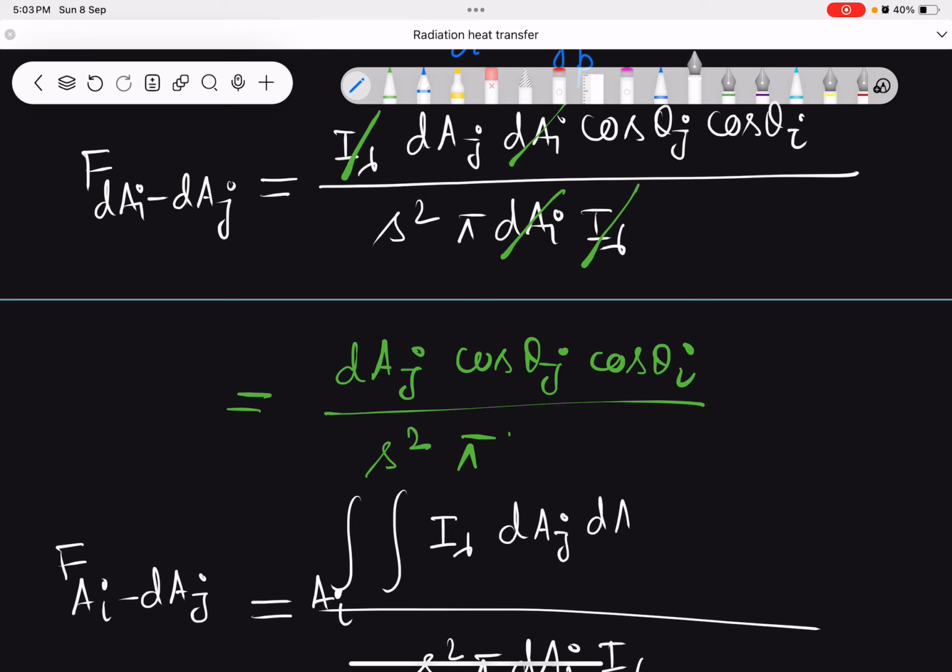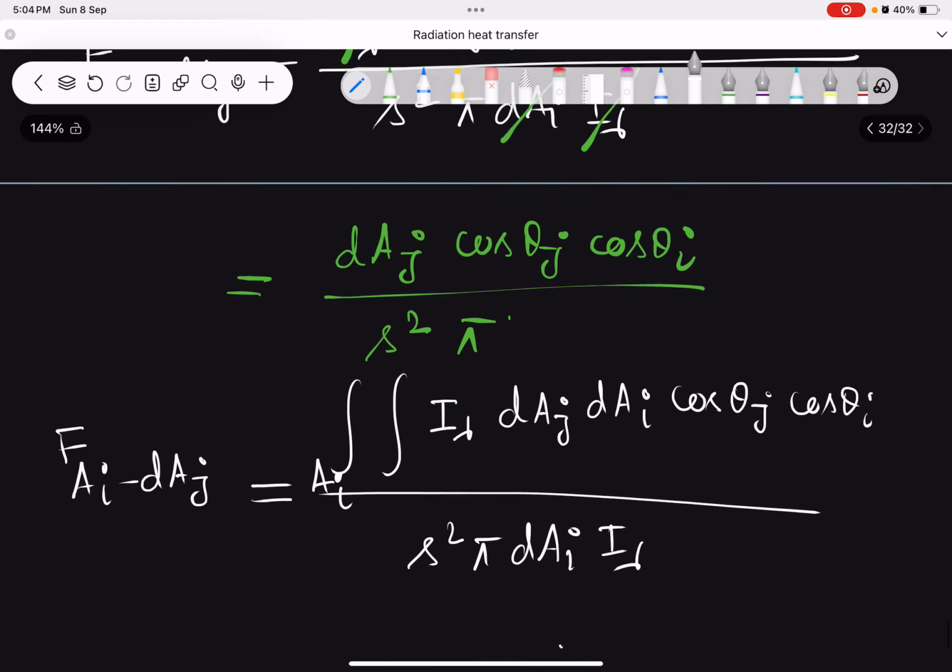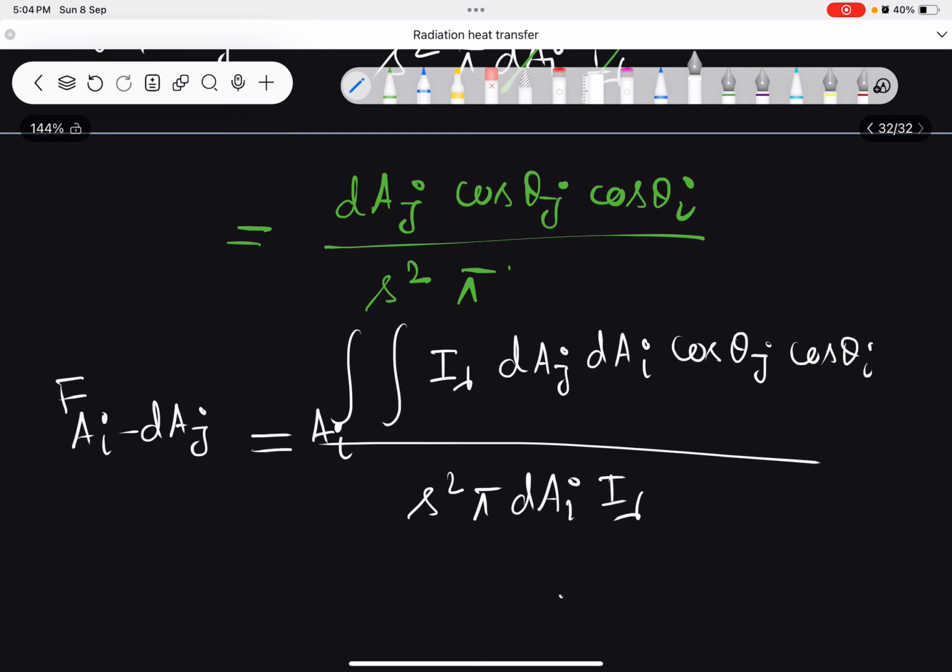Okay, so this will be your I lambda dAj dAi cos theta j cos theta i. Then you have to do this integration over Ai. So this will be the answer. Clear? So now can you write the expression for F of dAi to Aj?